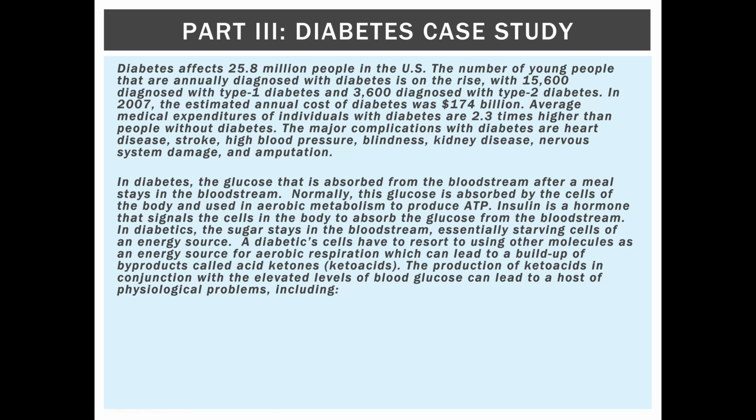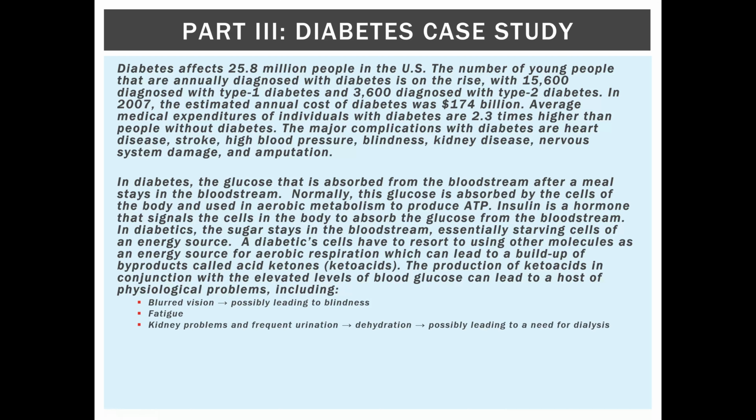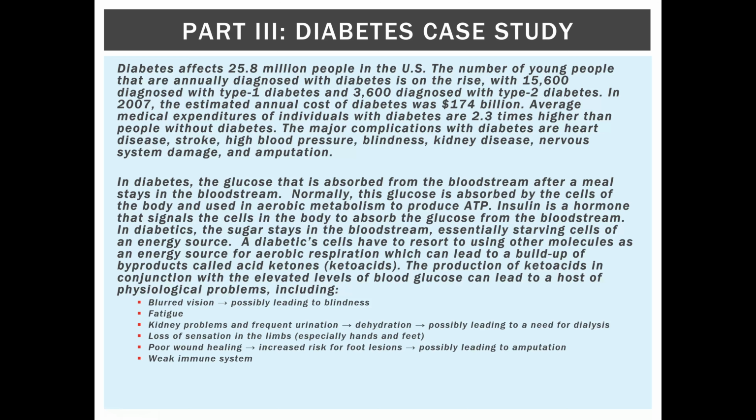The production of keto acids in conjunction with the elevated levels of blood glucose can lead to a host of physiological problems, including blurred vision, possibly leading to blindness, fatigue, kidney problems, and frequent urination, which can lead to dehydration, possibly eventually leading to a need for dialysis, loss of sensation in the limbs, especially the hands and feet, poor wound healing, increased risk for foot lesions, which could possibly lead to amputation, a weak immune system, impaired cognitive function, irregular heartbeat, possibly leading to a heart attack, coma, or even death.